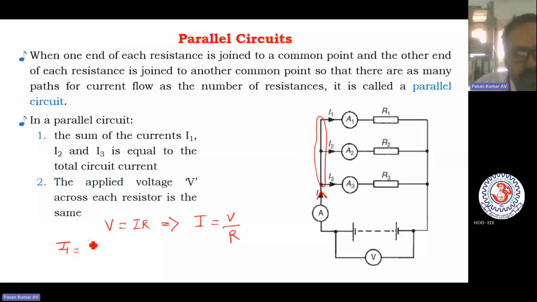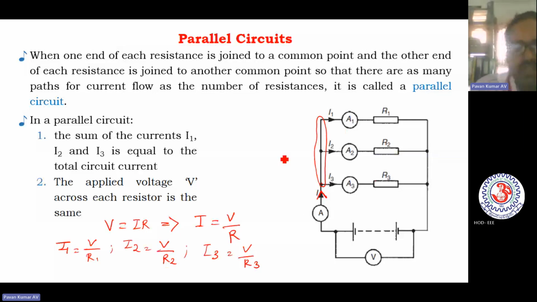I1 is nothing but V divided by R1, I2 is V divided by R2, and I3 is V divided by R3. So current flows based on the value of resistance. Current always chooses the low resistance path.